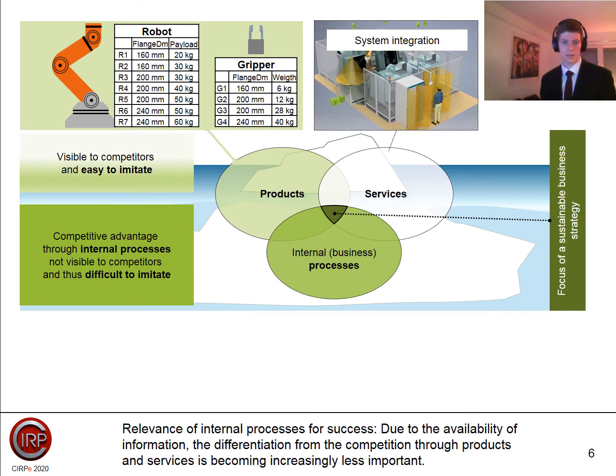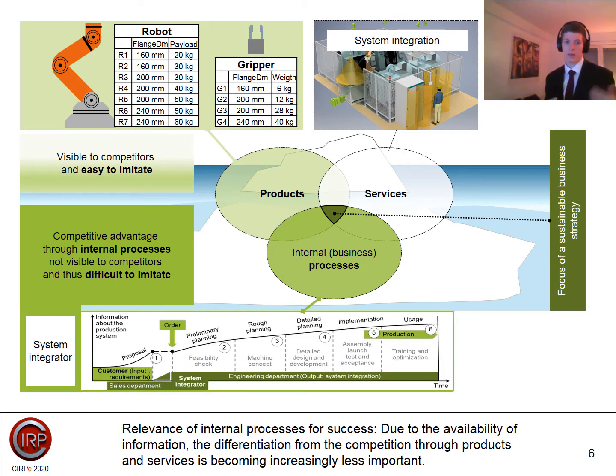Also services like system integration, the result is clear. Everybody offers the same service, and even if people don't know the service, they won't buy it. So you want people to know products and services. Therefore, they are widely communicated through advertising, and the information about them is easily accessible.